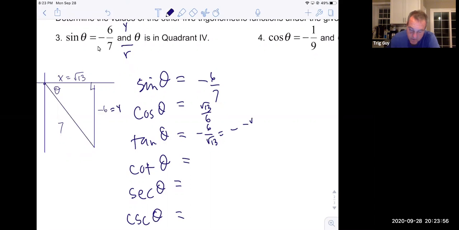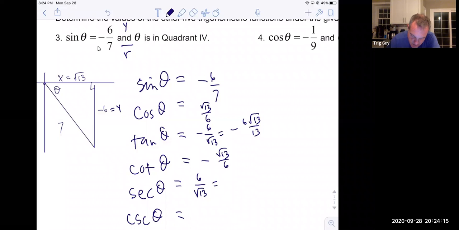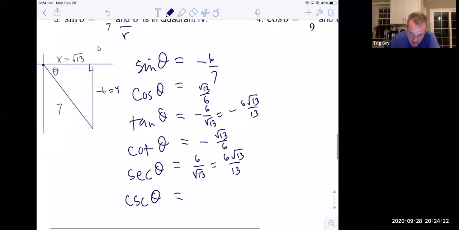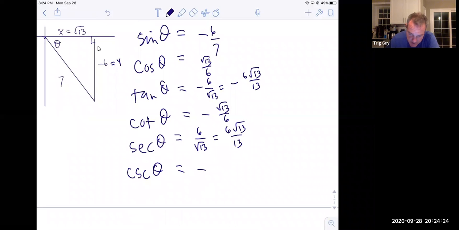So it's negative 6 root 13 over 13. And then you got to flip, right? If you flip the tangent, you get negative root 13 over 6. If you flip the cosine, you get 7 over root 13, which again, you got to simplify to 7 root 13 over 13. You can't have a radical in the denominator. And then finally, if you flip the sine, you get negative 7 over 6.